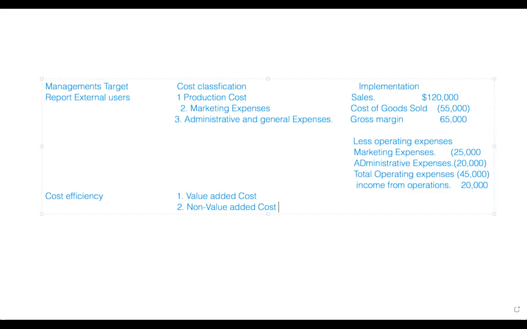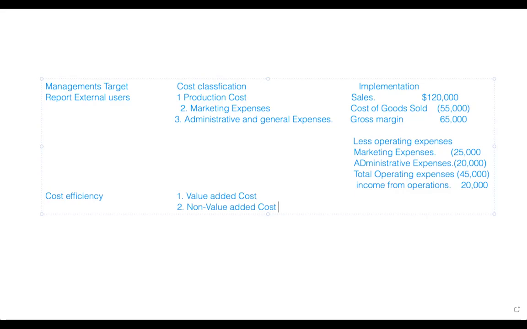And another thing is the non-value added. For example, the target is actually 100, but 30% of the product are defective, right?